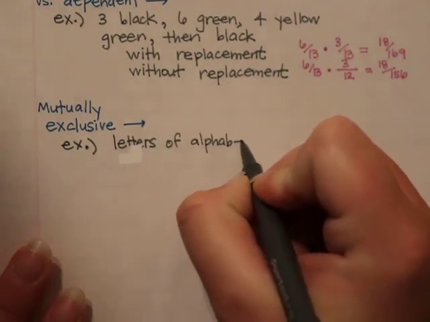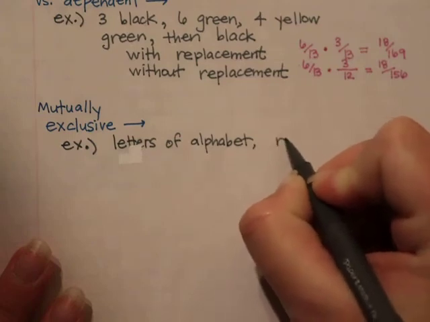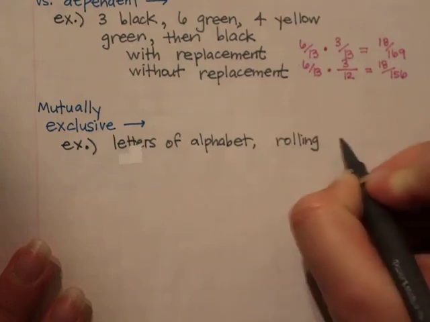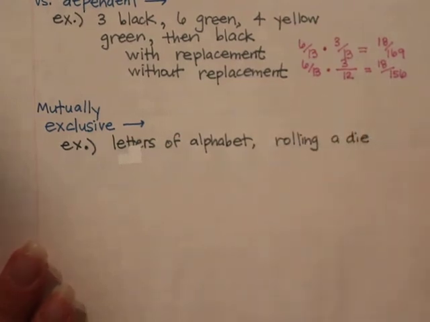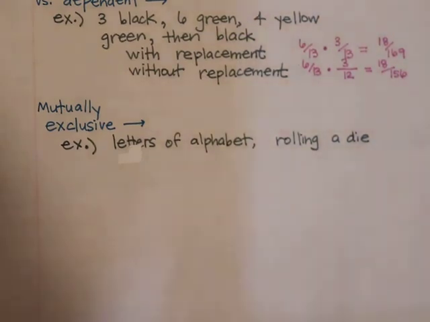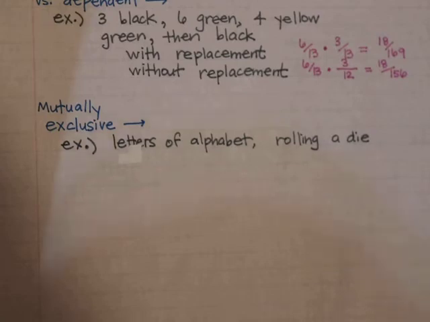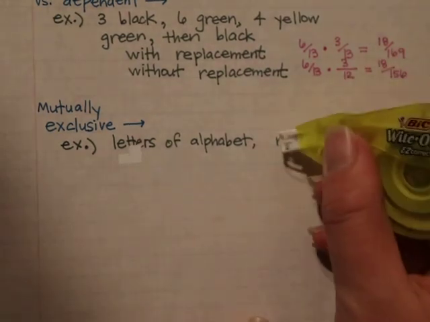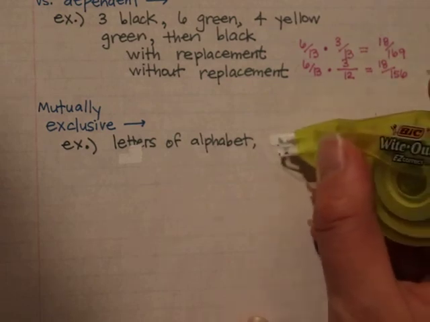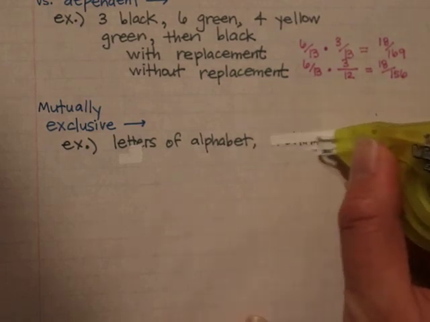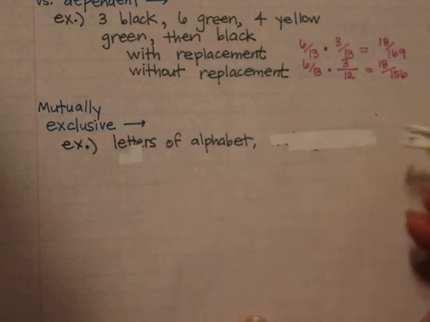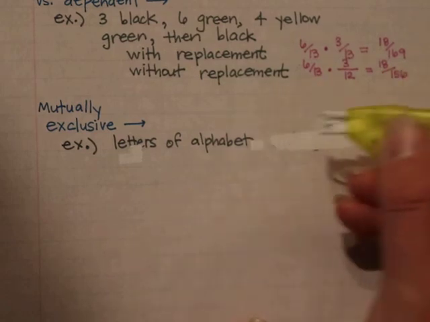And then we'll do rolling a die because that's a nice easy one. So what is the probability... I'm going to back that up. Let's get rid of the rolling a die. I don't want too many events going on. I'm just going to use letters of the alphabet.